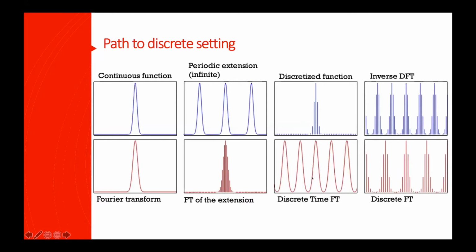But now if we sample this, you can get the sampled version of this. What is actually happening when somebody talks about taking a discrete Fourier transform of something in computers is that we are moving from the discretized function to this discrete picture directly.